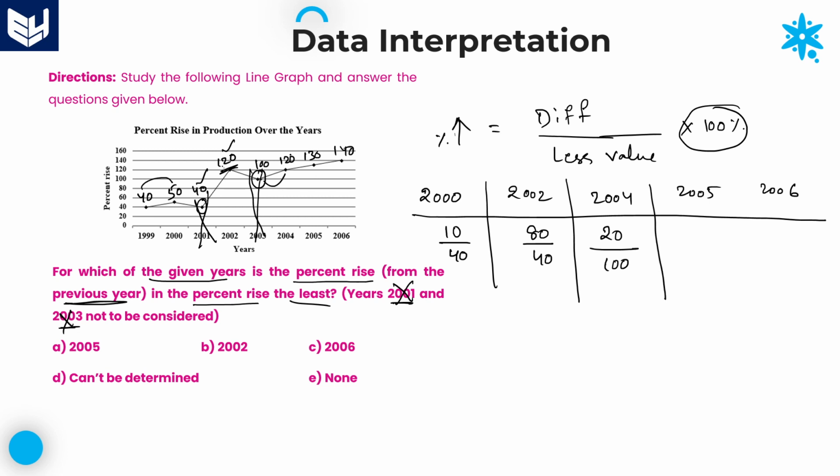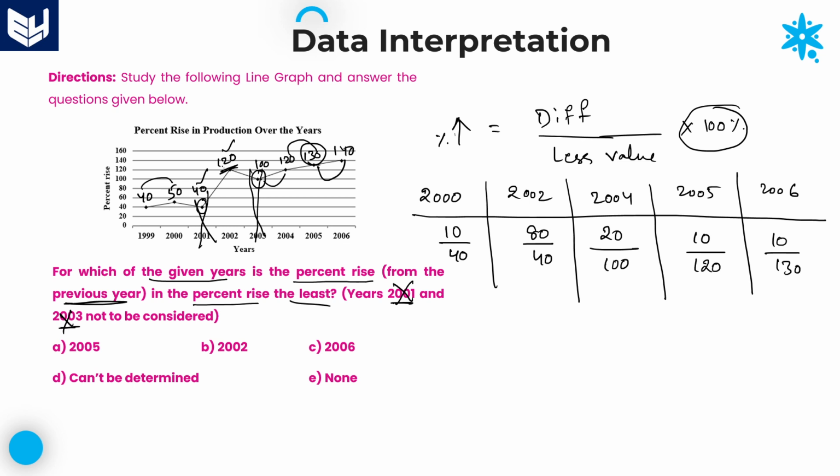Compared with the previous year, the difference is 10: 120 and 130, difference is 10, divided by the previous year value, which is the 2004 value, that is 120. And the last value, 2006. Here, compared with the previous year, the difference is 10, divided by the previous year value, that is 130, the lowest value among those two.